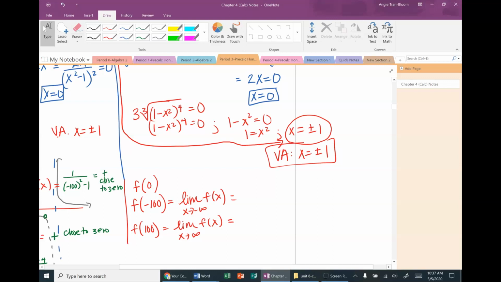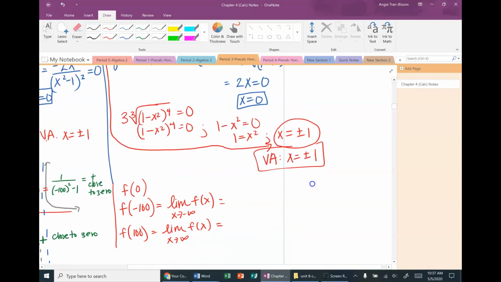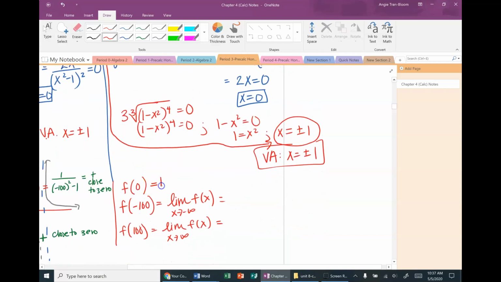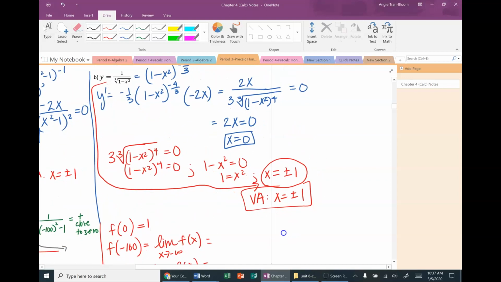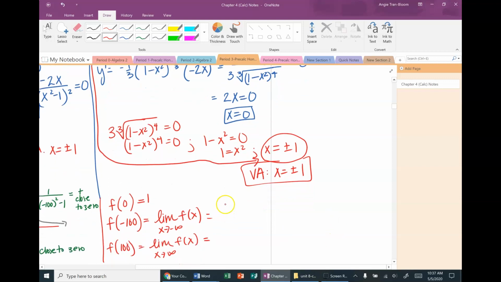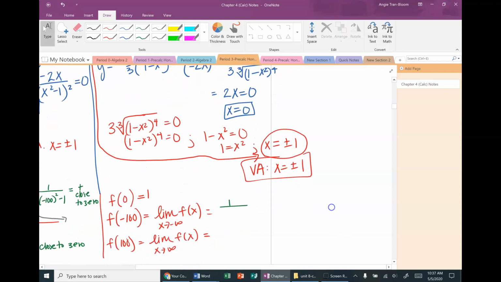So when you plug in 0, everything's going to disappear besides 1 over 1. So f of 0 is going to be 1. Now let's plug in negative 100. When you're doing end behavior, you only need to worry about the powerful term. So on the top, you only have one choice, which is 1. But on the bottom, you have third root of 1 minus x squared. So the more dominant term would be negative x squared.